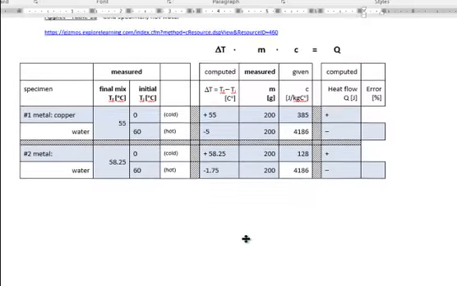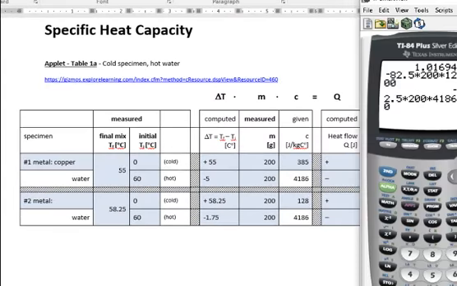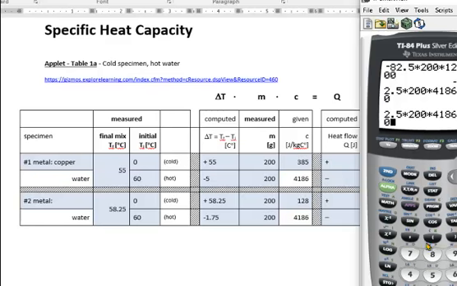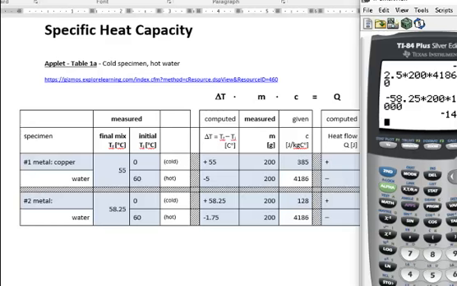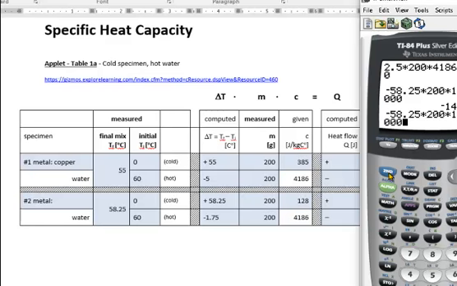Okay, this one, there it is. There's the other one. So, again, the copper here. Let's start with the lead. Let's see, 58.25 times 200 times 128 divided by 1,000, so negative 1,500, and then the water, and that is a negative 1.75.